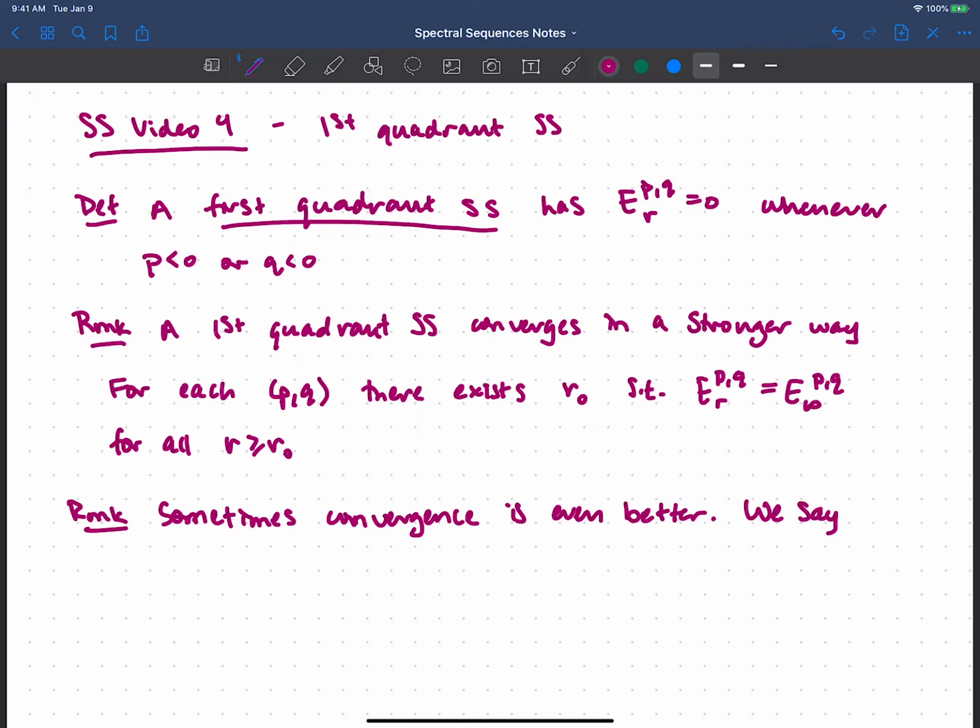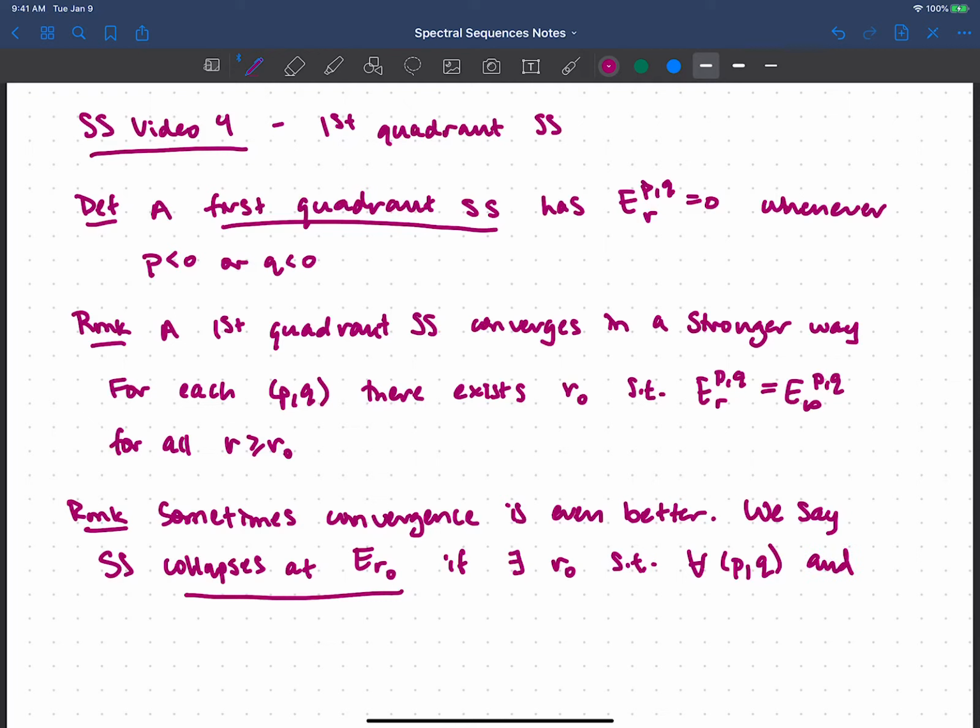We say the spectral sequence collapses at some page E_{r_0} if there's some r_0 such that for all p,q, now all at once, we get some stabilization.